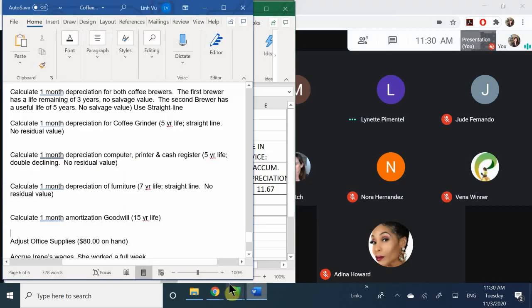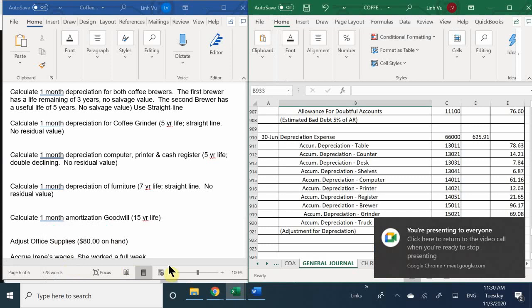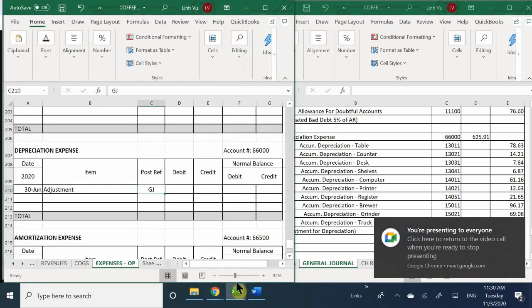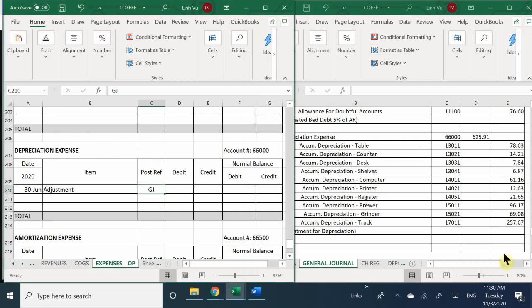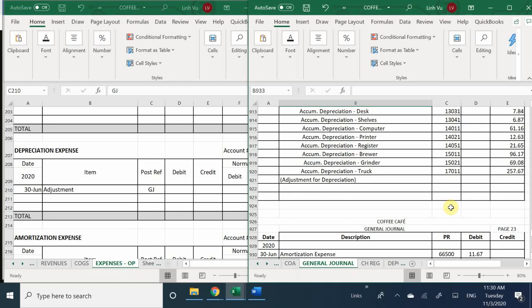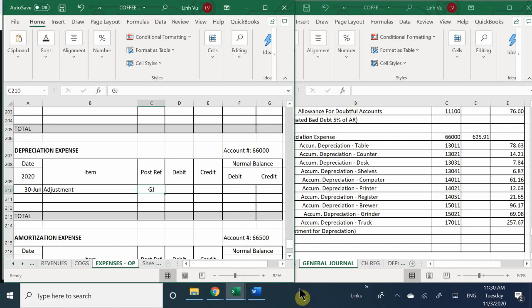Okay, so going back to my depreciation tables, and going back to my journal and posting it to my ledger. So here I found my depreciation expense. I write adjustment. So what journal is this? I think this is journal number 22. Is it 22 or 23? I'm sorry, 23 is for the amortization.